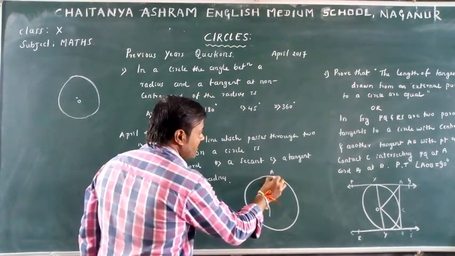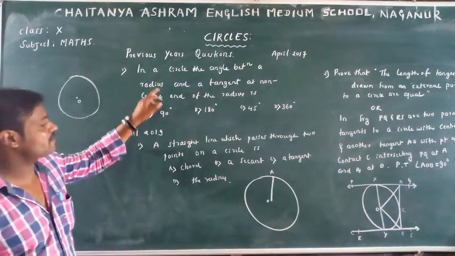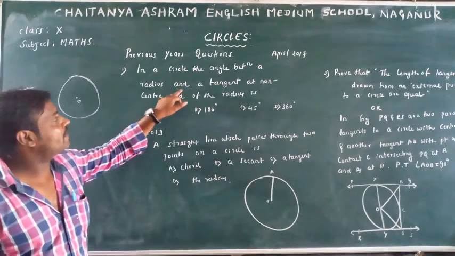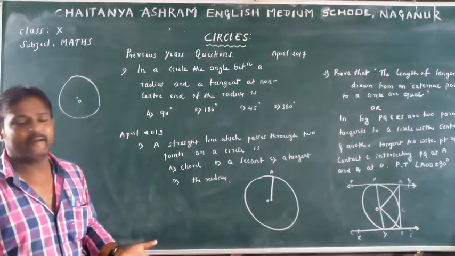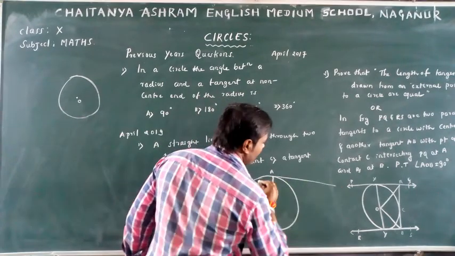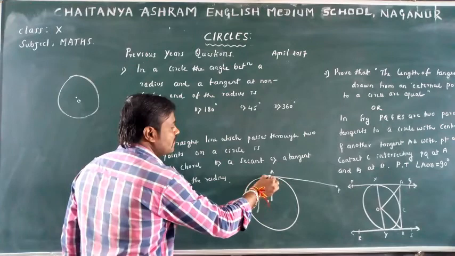OA is the radius of the circle. The angle between a radius and a tangent, so means we draw a tangent to this circle. Okay, that PA is the tangent to this circle.